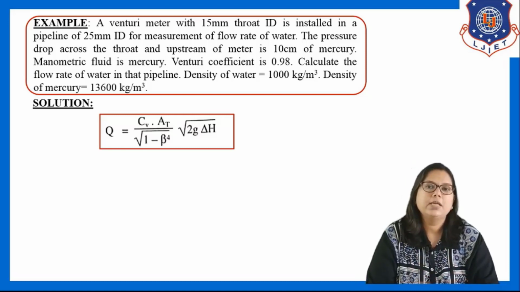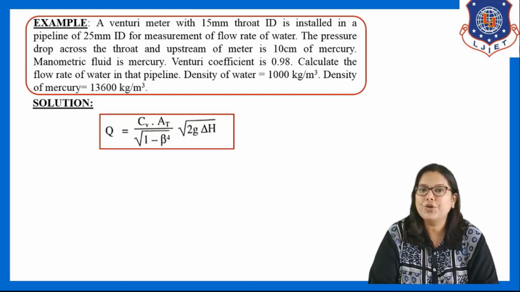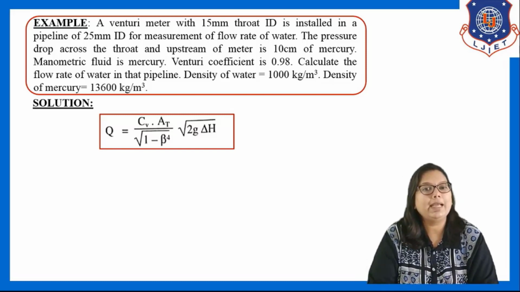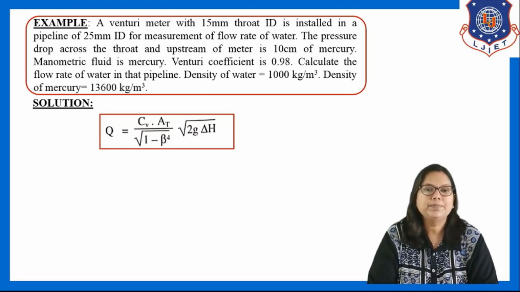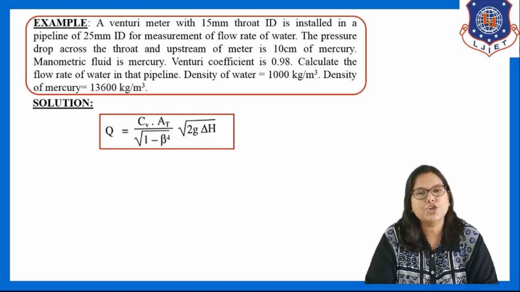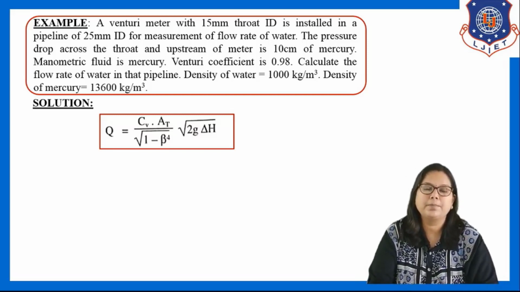CV is coefficient of venturimeter, AT is area of throat, beta is diameter ratio, and capital delta H is the head, which is small delta h into (rho m minus rho) upon rho. We have already studied that in our theory part.